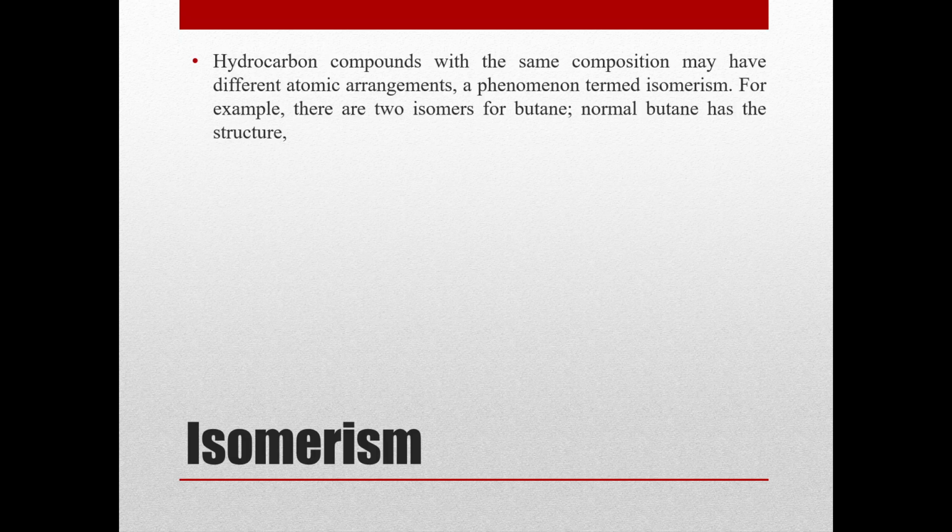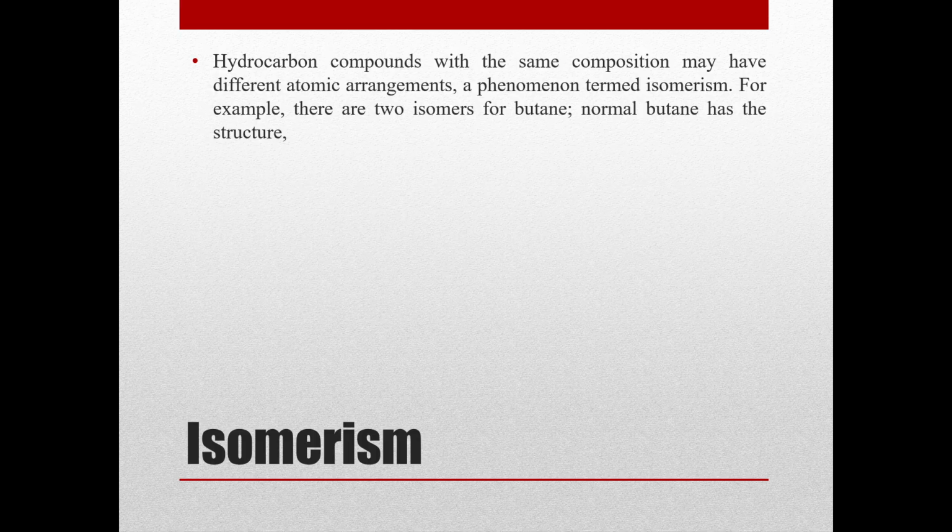So, hydrocarbon compounds with the same composition may have different atomic arrangements, a phenomenon termed isomerism. Simply, it means that although the atoms are the same in say 2 compounds, just the arrangement of them in the molecule differs, and one finds that different properties are imparted to these different arrangements.